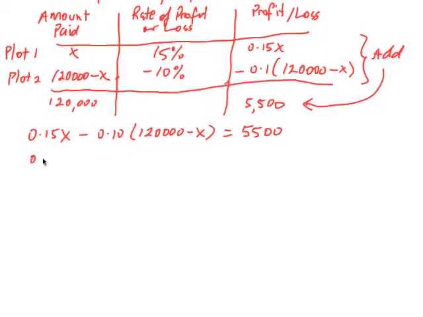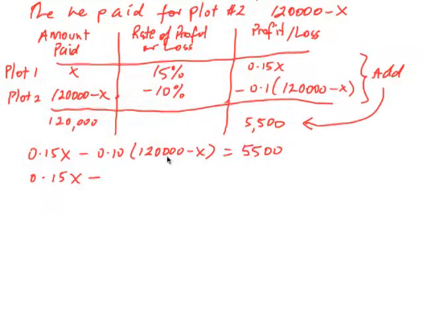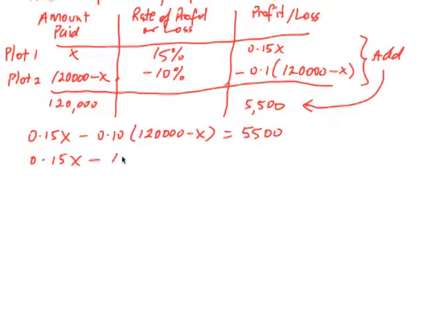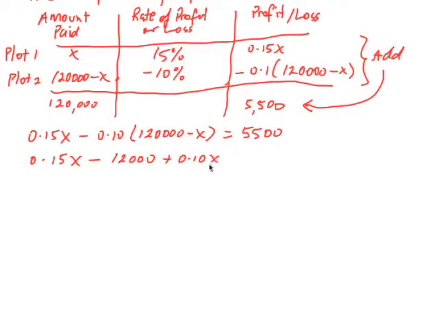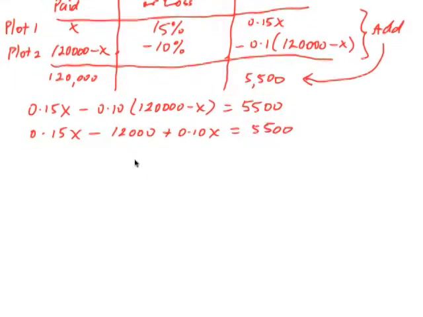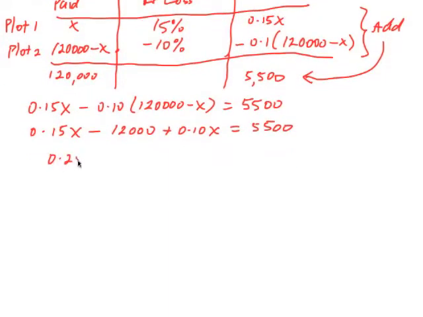Away we go: 0.15x minus, we multiply 0.10 by 120,000, so it's going to be 12,000. Negative by negative is positive, 0.10x, and this is equal to 5,500. When we add these two together, we get 0.25x.